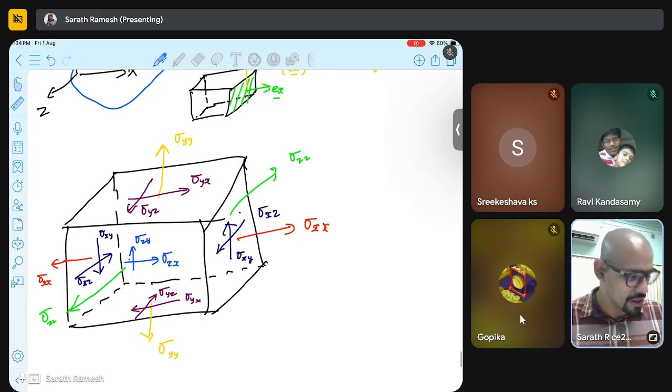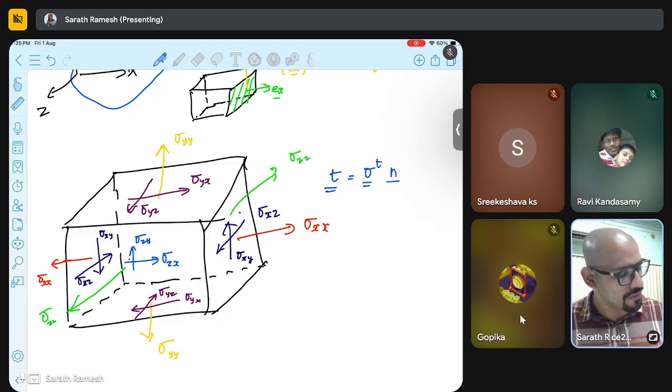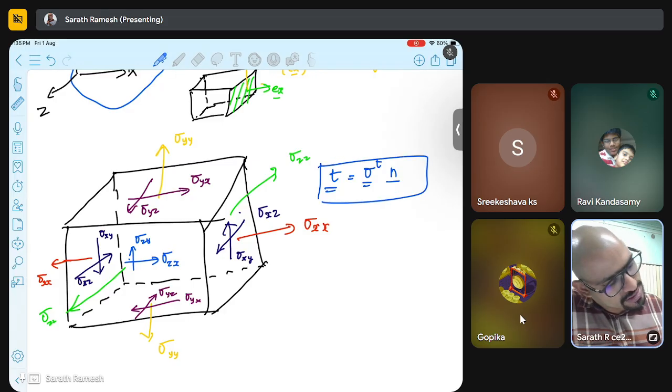The important point to note, to solve the assignment problem, is T of n equals sigma transpose times n, if you want to find the traction vector. And what is a stress tensor? It's a linear function that maps a normal vector to the traction vector.